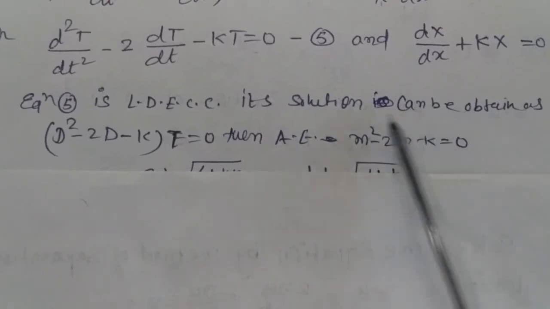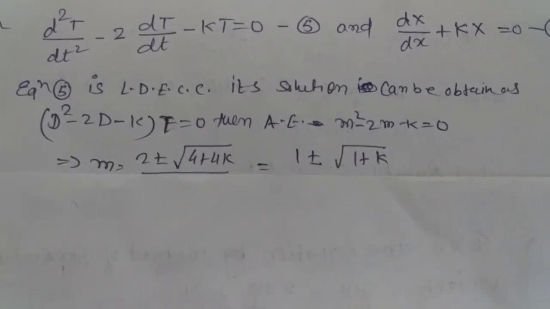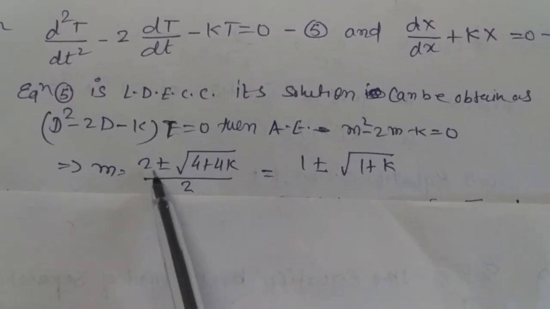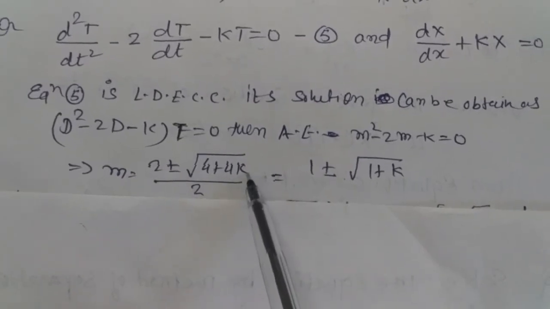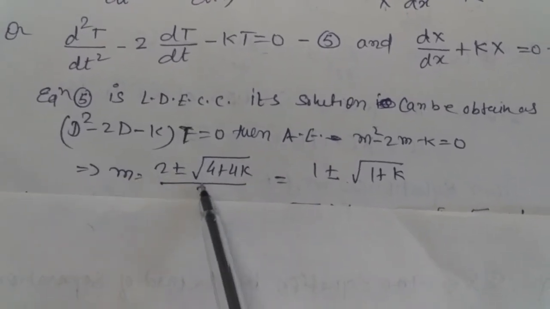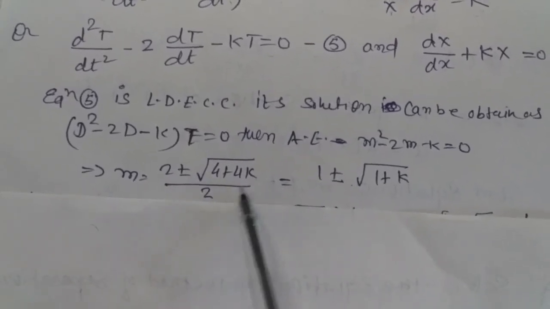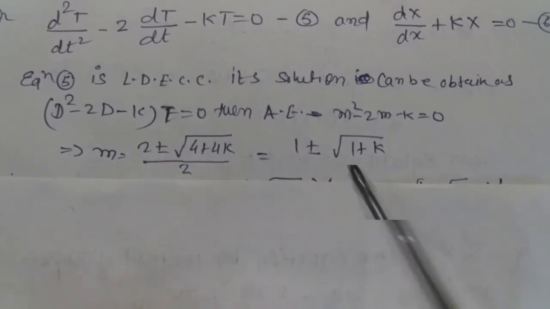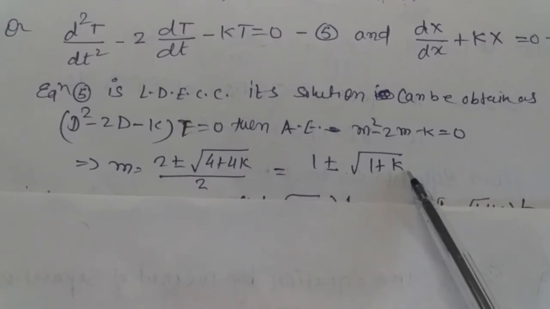The roots of the auxiliary equation can be obtained using the discriminant method as m equal to (2 plus minus square root of 4 plus 4k) by 2, that is, minus b plus minus square root of b² minus 4ac by 2a. Further we simplify this relation, we get 1 plus minus square root of 1 plus k.